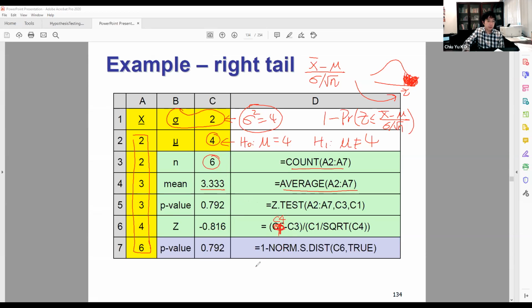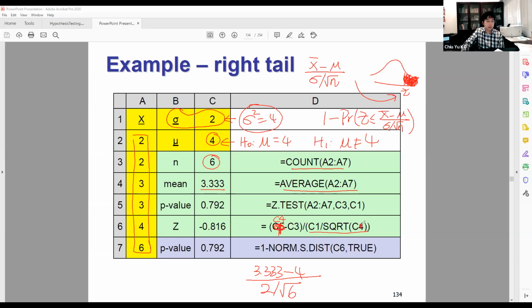So it should be 3.333 minus 4, over sigma, which is 2, over the root of 6.